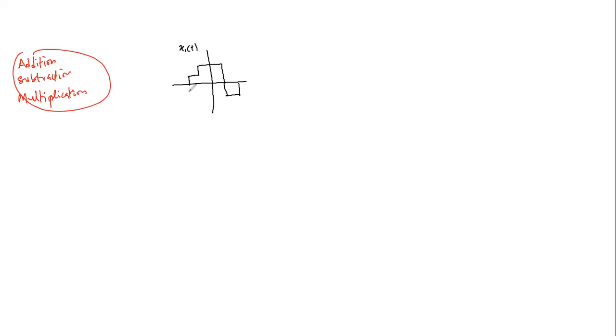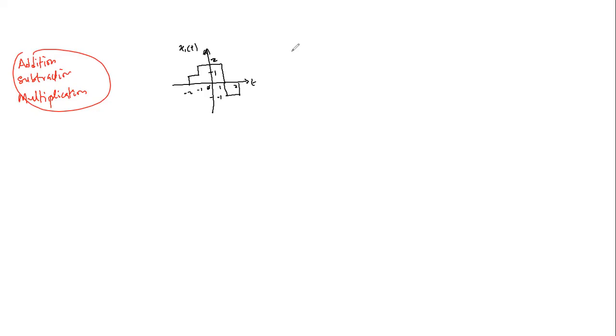Let's assume this is -2, -1, +1, 2, and this is the origin. This is x1 of t and this is t. Here we have amplitude 2, +1 here, and -1 here.